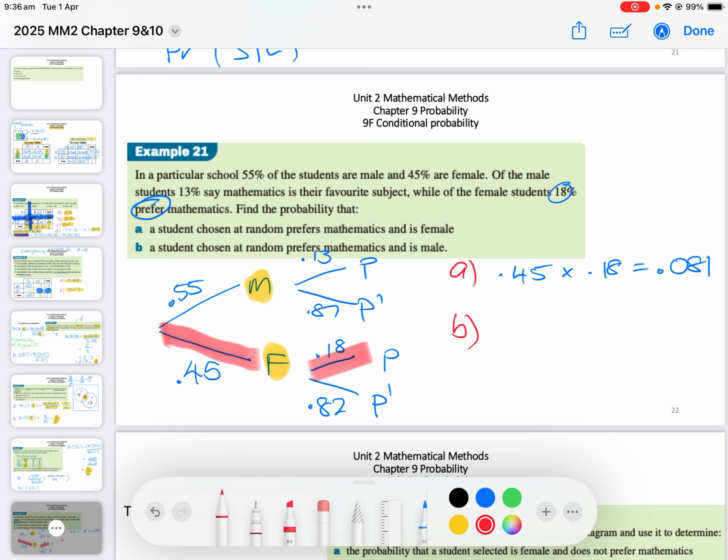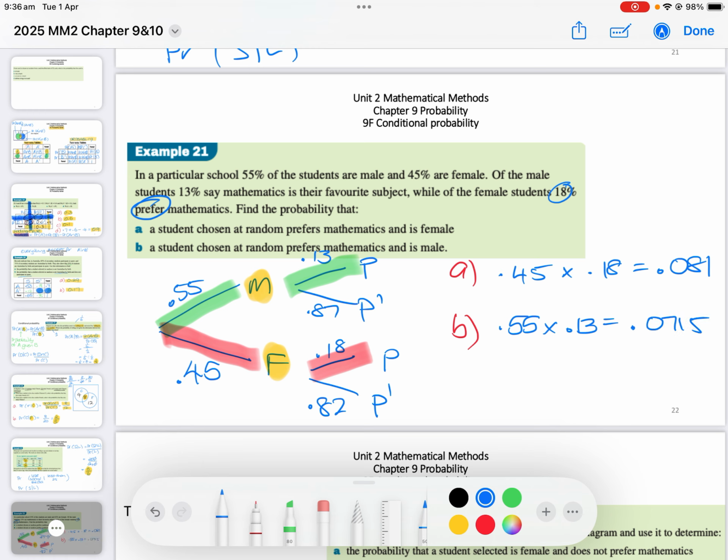And that second pathway for the second question, a student chosen at random prefers mathematics and is male. Male prefers. So that would be 0.55 times 0.13, which is 0.0715.